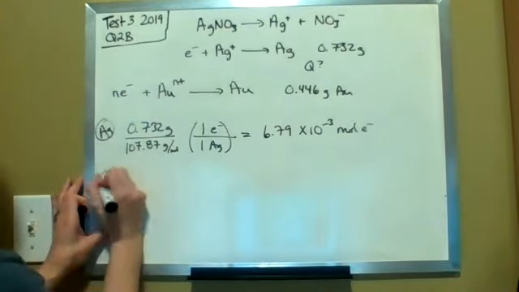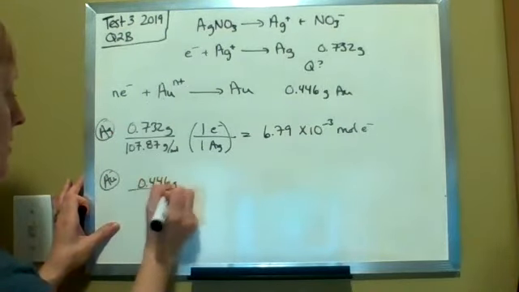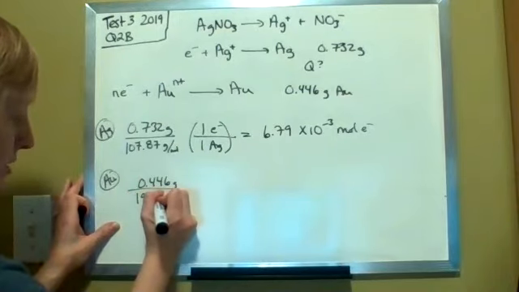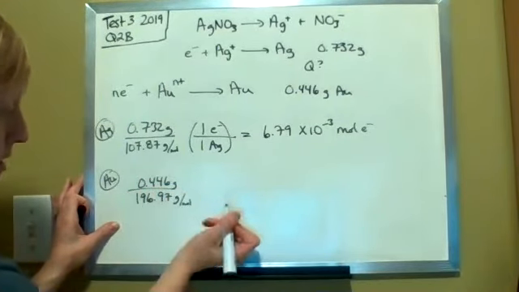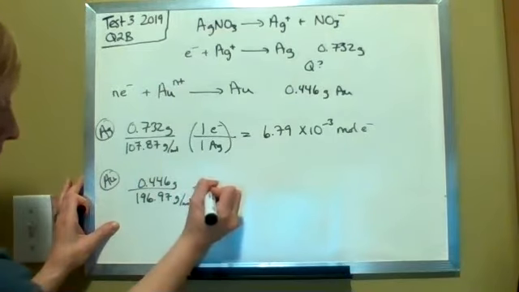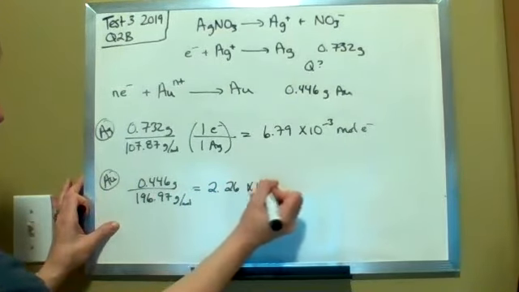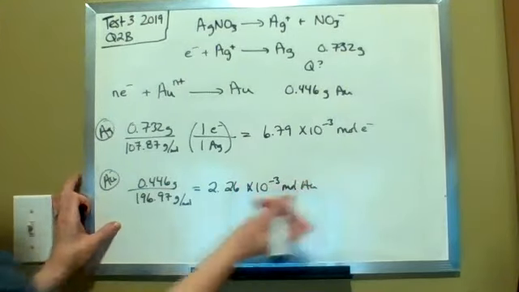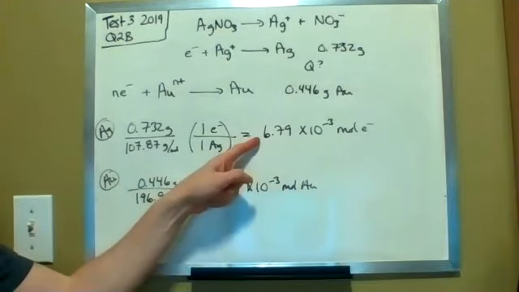Now if we look at the gold one, we had 0.446 grams, and the molecular weight is 196.97 grams per mole. When you work this out, you have 2.26 times 10 to the minus 3 moles of gold.